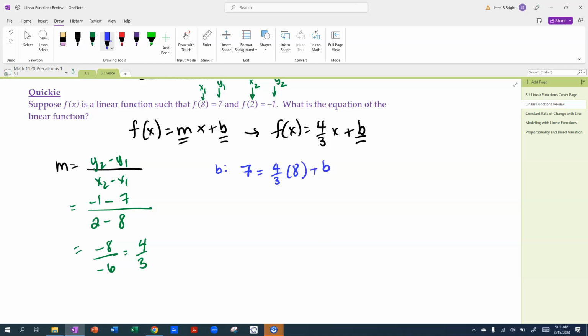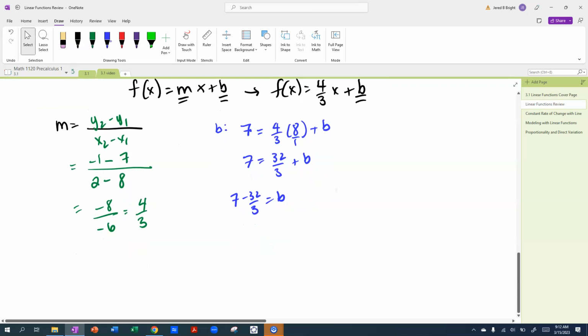Now just do the arithmetic, and this is not going to be pretty, but let's see. This is 8 over 1, so this is 32 over 3 plus b, and then subtracting 32 over 3 from both sides, 7 minus 32 over 3 is equal to b.